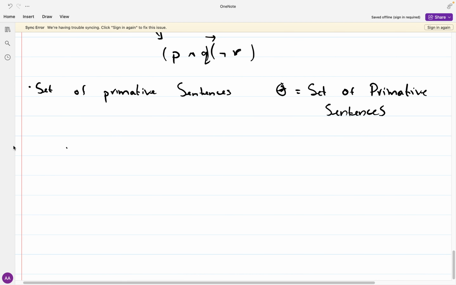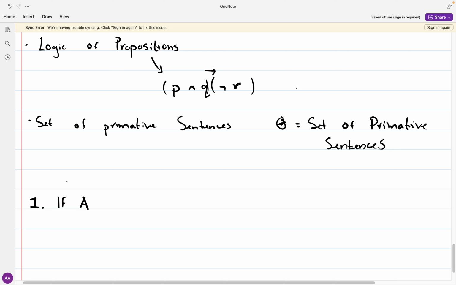Let's say we'll have the first rule as follows. We would say that, fundamentally, if some sentence A is a member of this class, and what we use in set theory to say that this is a member of this is this little weird E symbol here, like so.